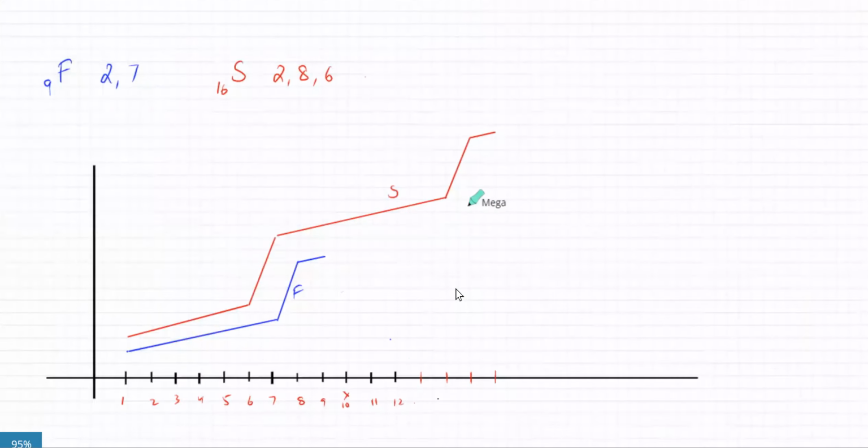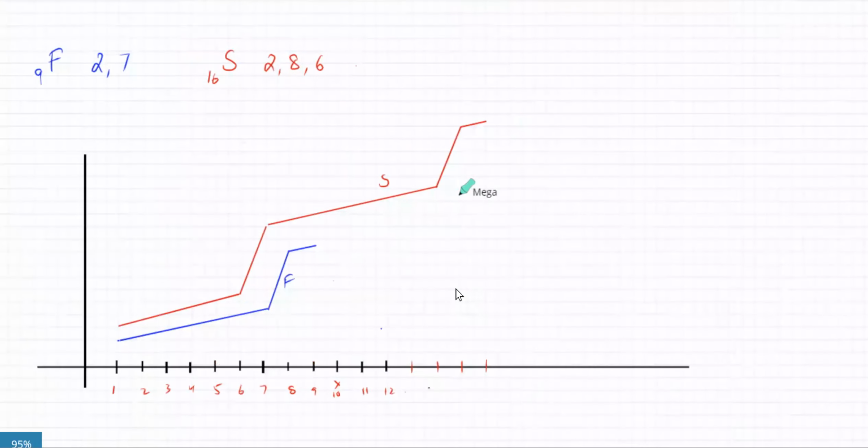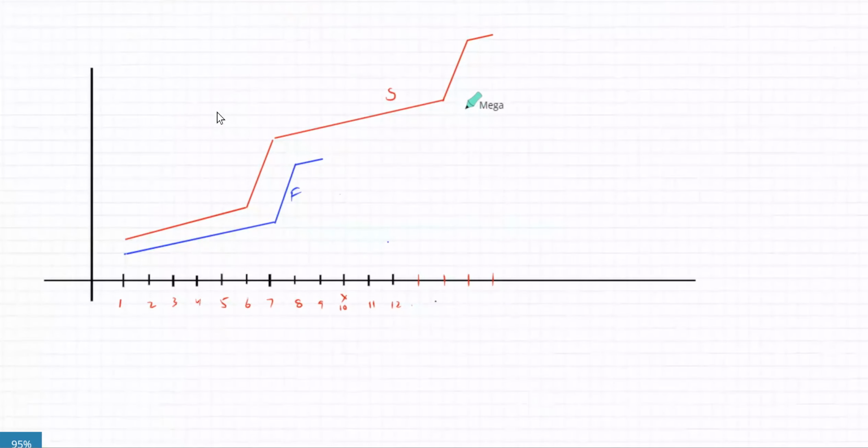So the next question is, what information do you get from this sketch? If I just had this graph, a random atom, and I didn't know it was sulfur or fluorine, what information could I get from this? Can anyone tell me one piece of information?